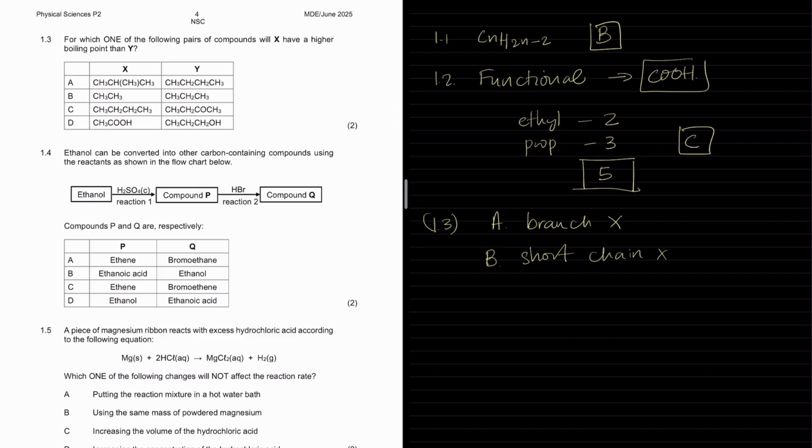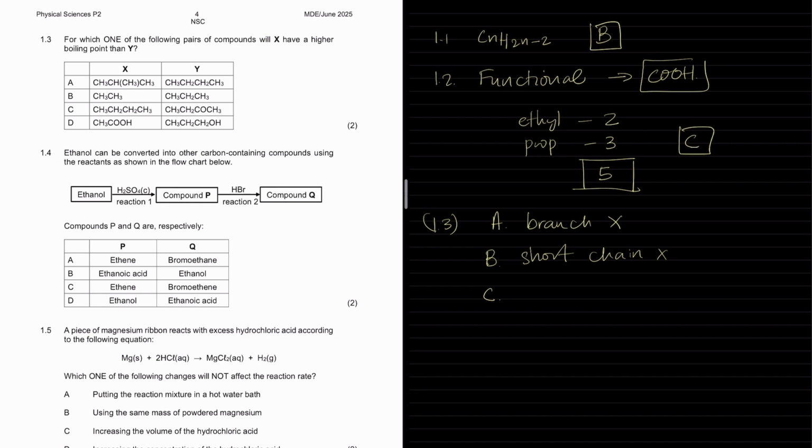We know that for alkanes, the length of the chain and the molecular weight have an impact on the melting and boiling point. The longer the chain, the larger the molecular weight, the higher the boiling point. Let's look at C. C is CH3CH2CH2CH3, so that's an alkane.